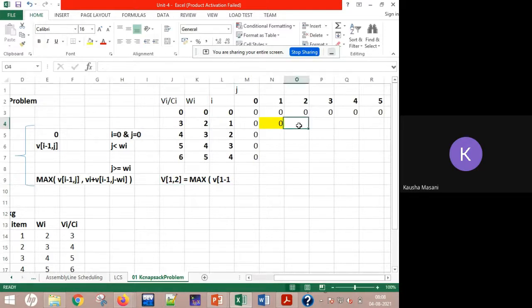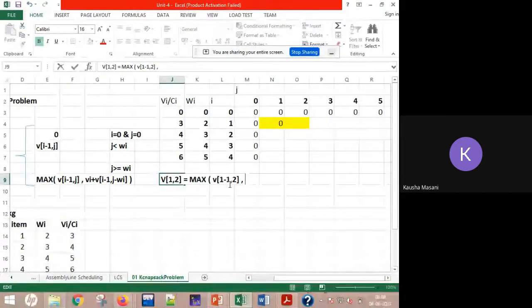I am filling out this particular cell. The i value is 1, so V of i minus 1, that is 1 minus 1, comma, what is my j value? 2. So either I can pick this value, or the next value: V of i.